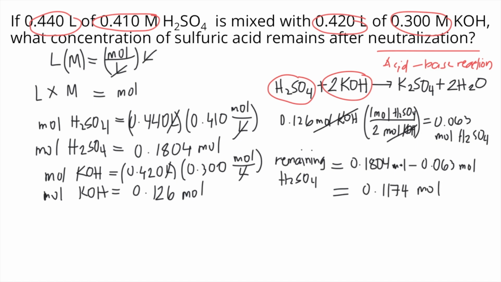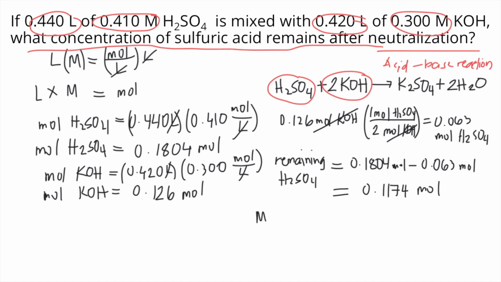Now that we have the remaining moles of H2SO4, we can calculate the concentration of H2SO4 because the problem says what concentration of sulfuric acid remains after neutralization. So again, how do you solve for concentration? We already discussed this a while ago.